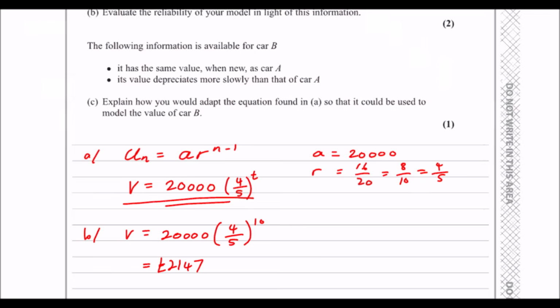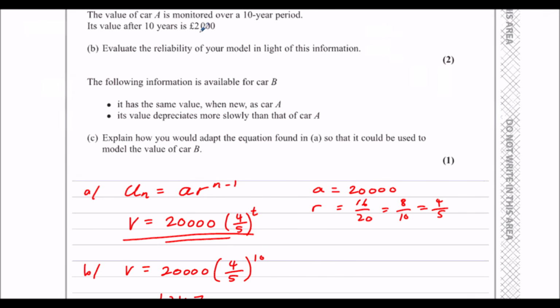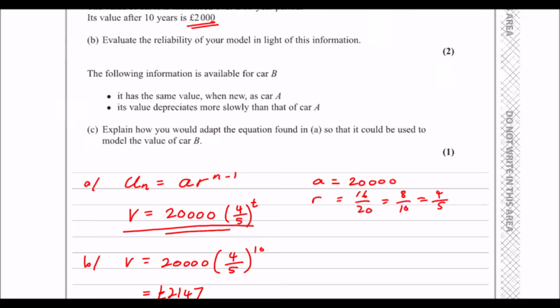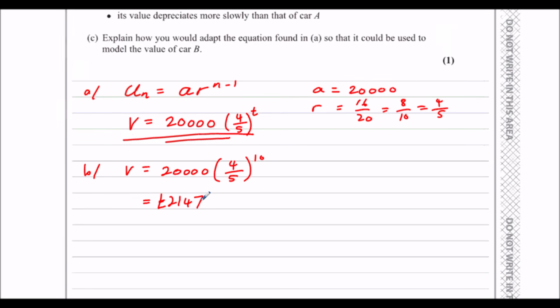So let's comment on the reliability of this model. The car's worth £2,000. That's close to 2,147. So it seems reliable. So the model's estimate of the value is close to the actual value.